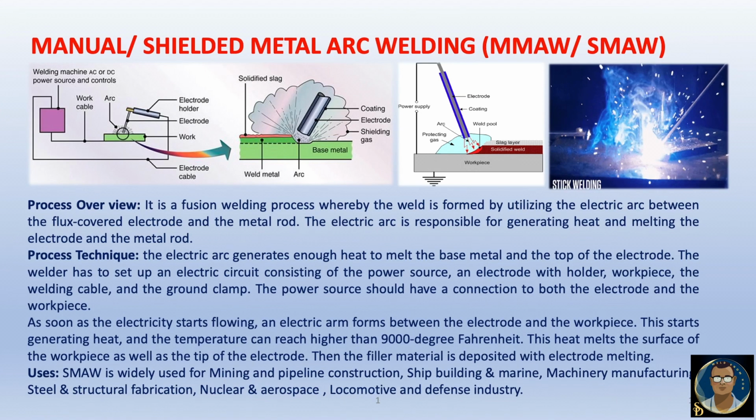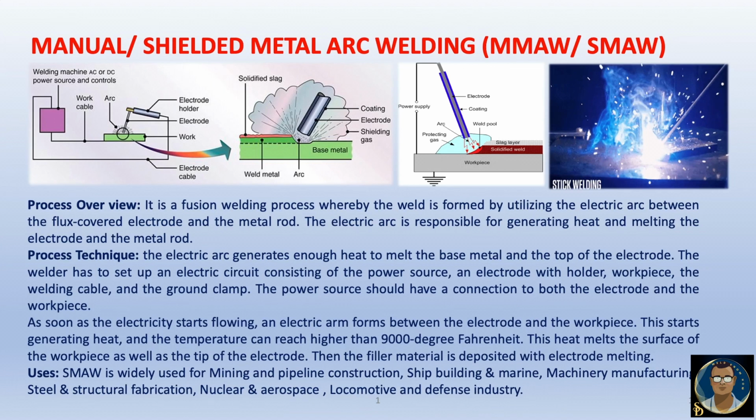Here there is always a power source which can be AC or DC. There are two terminals, positive and negative in the case of a DC power source, and phase and neutral in the case of an AC power source. One of these terminals goes to the electrode holder, where we put the electrode at the tip, and the other terminal goes to the workpiece, the piece to be welded.